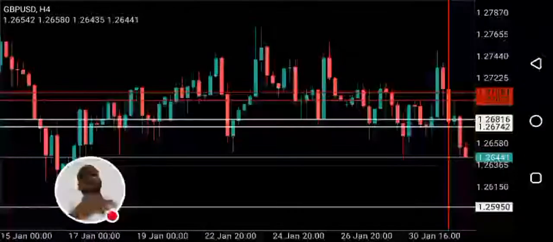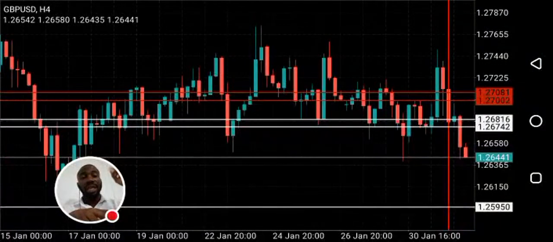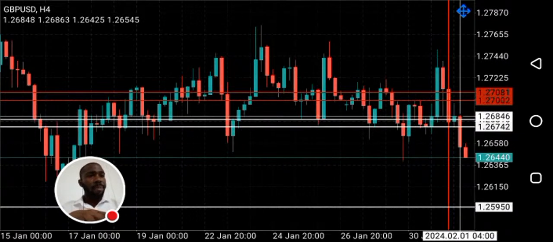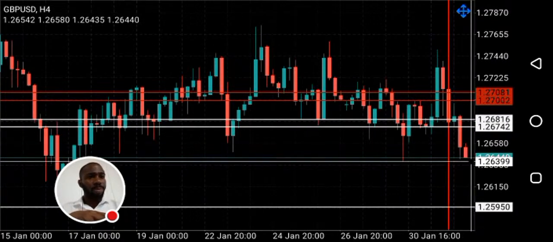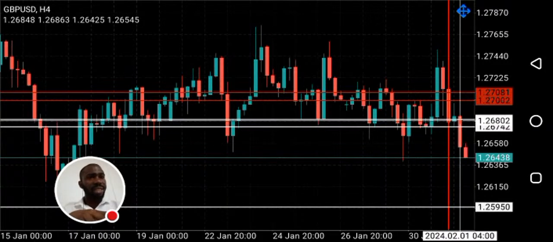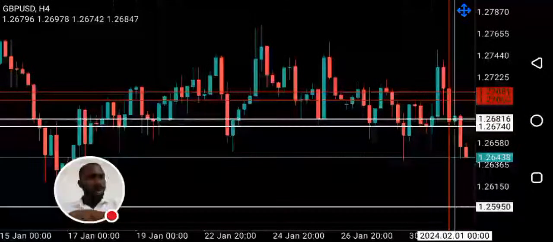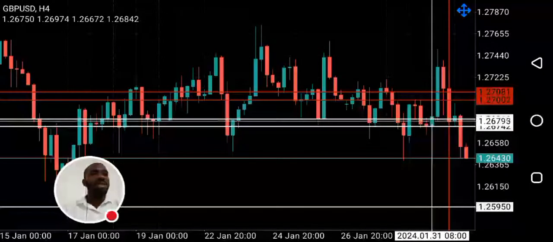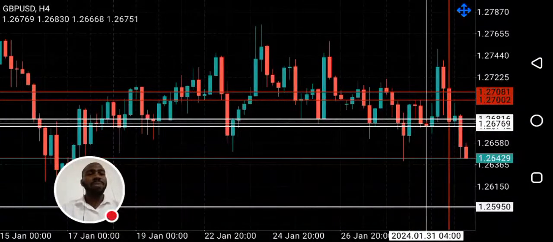Price is likely going to pull back to test that resistance level before it continues with its bearish move. So if I see a bullish reversal pattern now and decide to buy, my take profit will be at this support zone turned resistance.